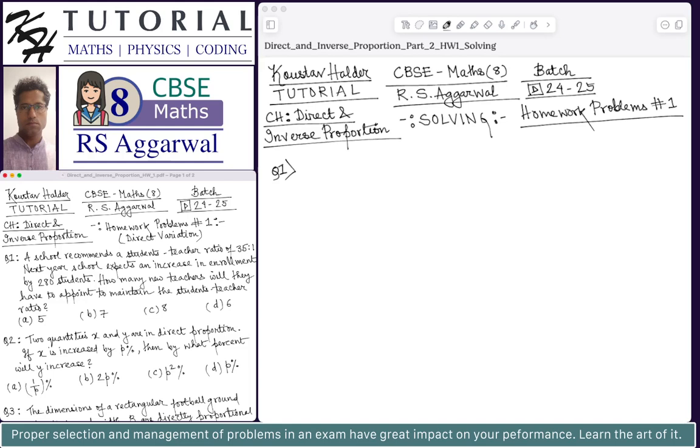Now one very important thing I would like to say before starting solving the problems is that after solving the problems, at the end I will discuss all the key concepts and formulas that were used in solving the problems. It is a super important task for you to revise or recall the formulas and concepts that you have used while solving a problem.